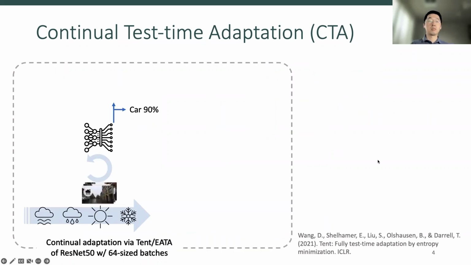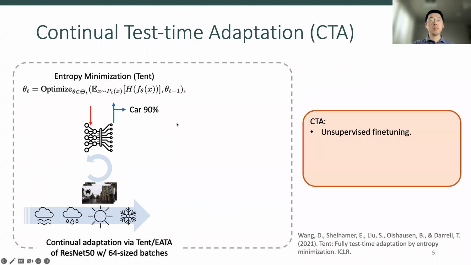I want to give you more details about continual test time adaptation. Assume that you have a batch of samples, say from rainy days. You feed these images into a pre-trained model. Traditionally you use this model to predict what the object is in this image, say this is a car with confidence 90%. For test time adaptation, a very popular method is called TENT, which will minimize the entropy of the model.